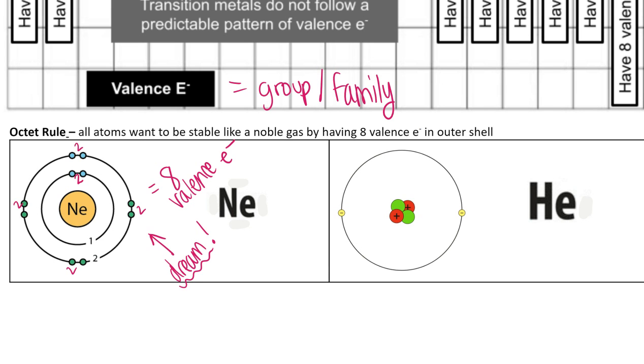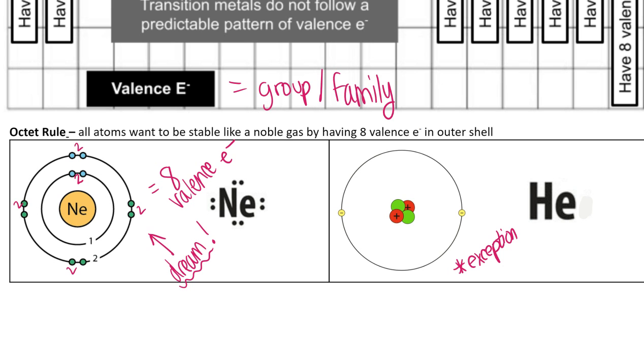We could also represent that with the Lewis structure for neon with those 8 dots. Every atom wants to have 8 dots, but they don't always get it, okay? Now, our one exception to that rule, again, is helium. So helium is the kind of weird exception. It is still a noble gas.